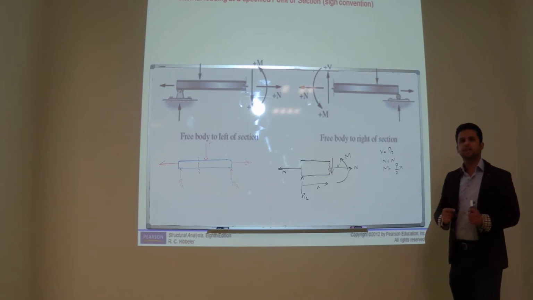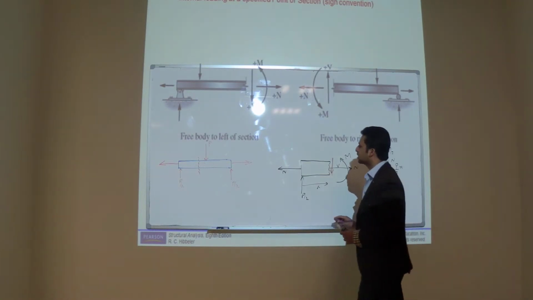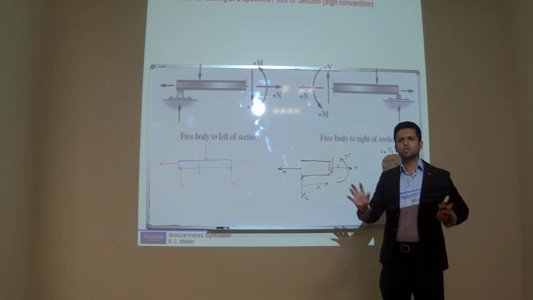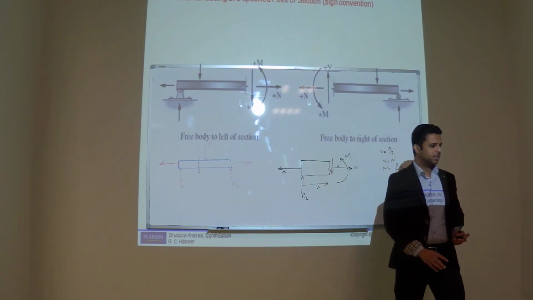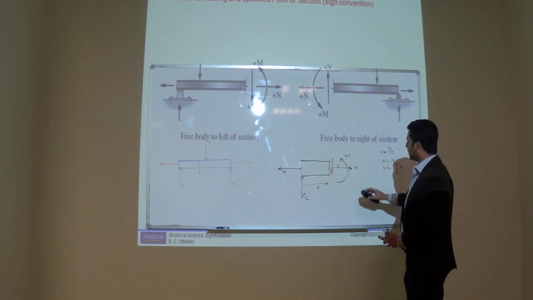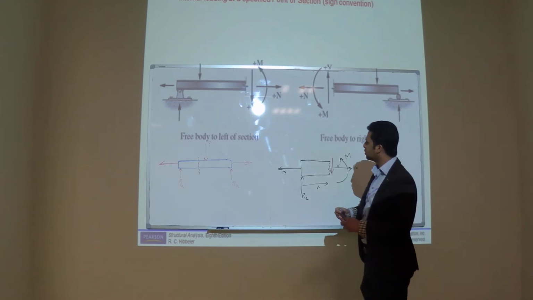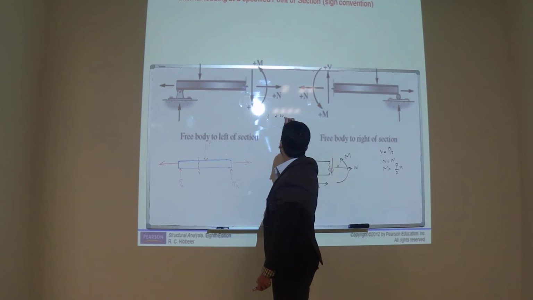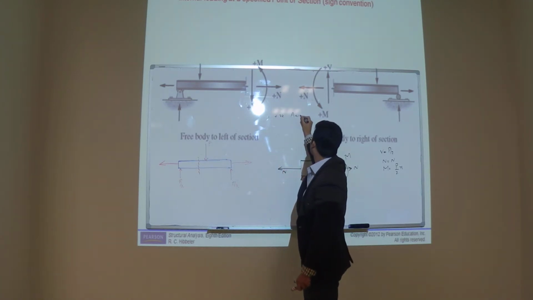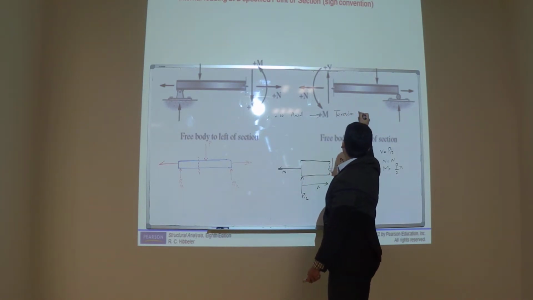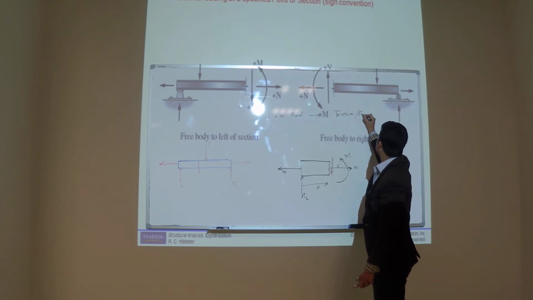Now, positive and negative. We can assume it and when we calculate, we don't need to assume. I tell you. First of all, axial force. Positive axial force produces tension or elongation.